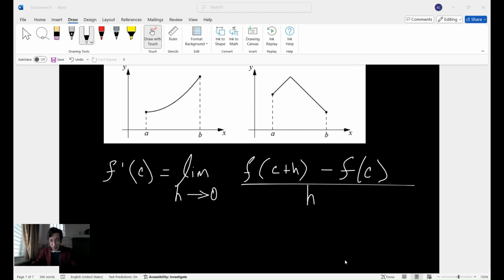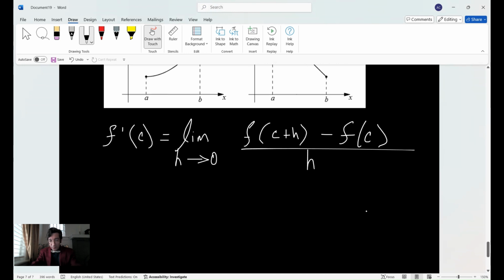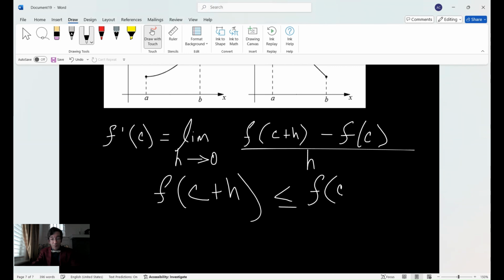Let me write that down in case you're not familiar, but hopefully you know what I'm talking about here. So that has to be less than or equal to f of c. So in other words, the numerator has got to be either 0 or negative.